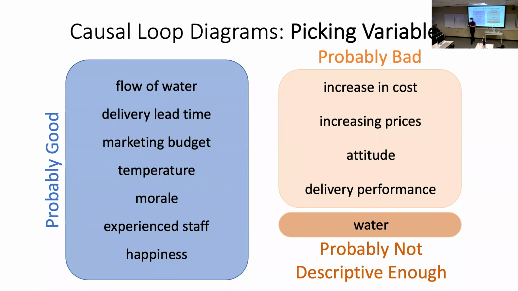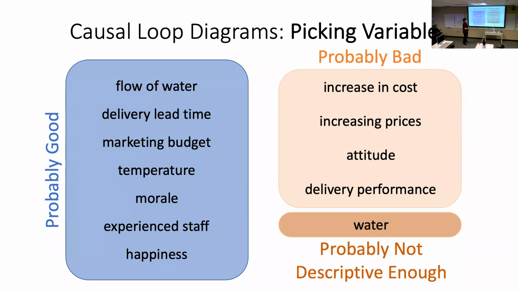I would not use delivery performance as a variable because I don't know what you're measuring. So delivery lead time I like because I know that you're measuring lead time, but there's a bunch of different things about performance, and there could be negative things as well. Like the amount of things that delivery people broke, that sort of thing. That could also be a measure of delivery performance. So it's not quite sure what you're measuring there.